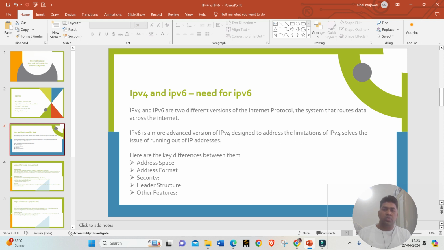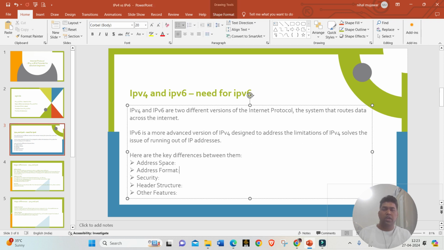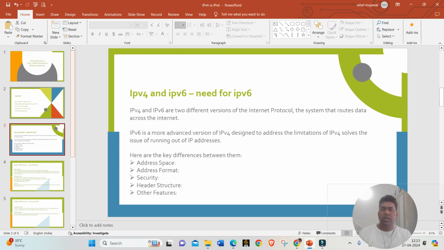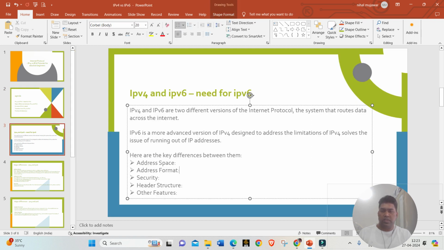The differences between both are in terms of address space: the format is different, whereas v4 uses 32 bits, in v6 we use 128 bits of address. Security: v6, being the advanced one, has additional features like IP security, whereas with version 4 we need to rely on an add-on solution. There is no inbuilt solution with version 4.